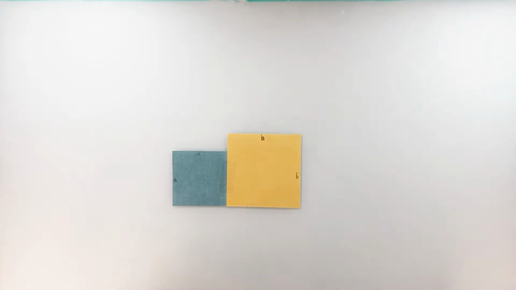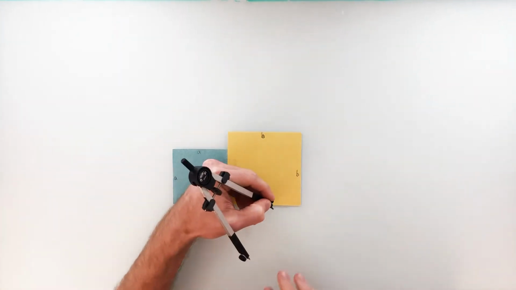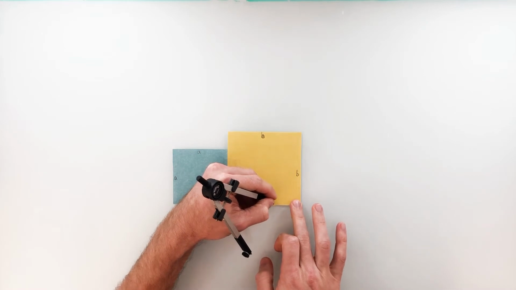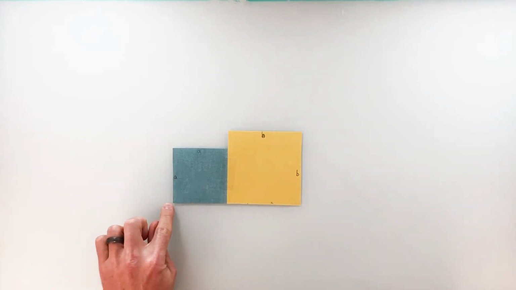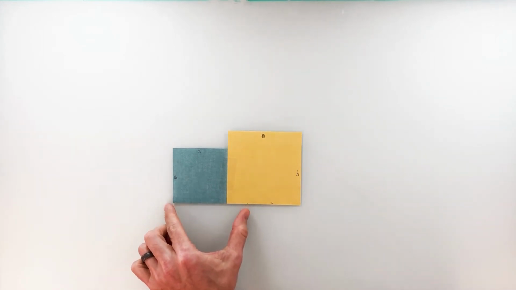Okay, so that little mark that I made, that distance across the bottom of that yellow square is A, which then means that this distance here from this vertex of the blue square to that point is going to be the distance B.